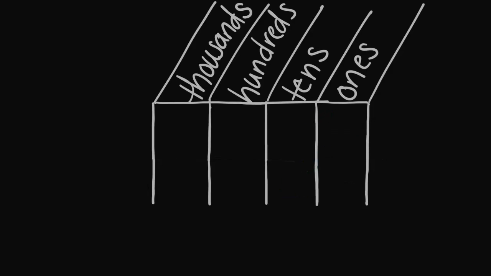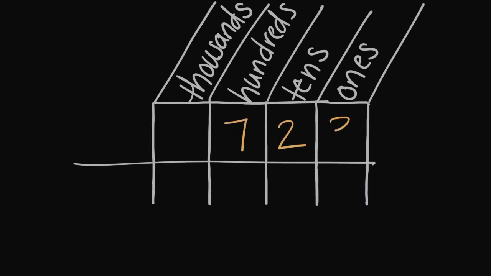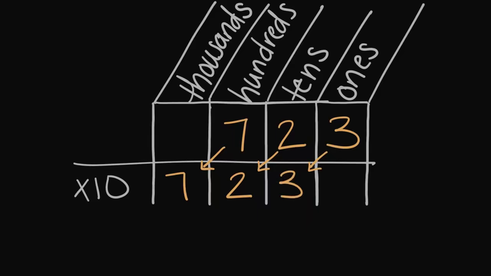Let's look at another one. Maybe one of the tougher ones. Something like 723. Well, when we multiplied 723 times 10, the 7 moved one place value to the left to the thousands. The 2 moved up to the hundreds, and the 3 moved up to the tens.